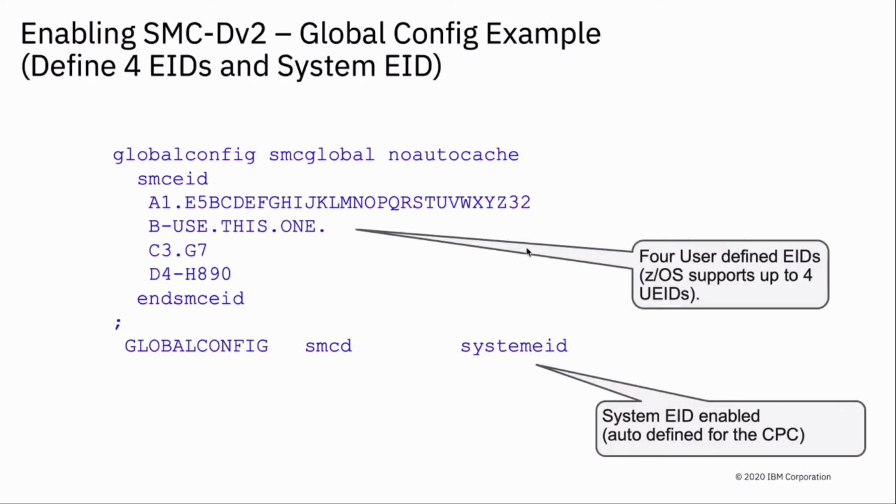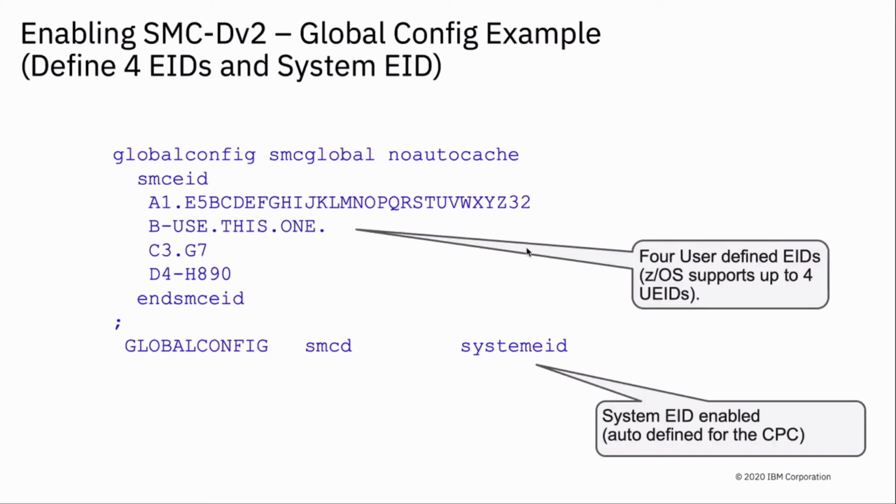So what I've done is put together the definitions that I had. You can code these same things in NCA, but I coded them in my profile. If you've already got SMC up, you have SMC global in your global config statement. And now we have this new SMC EID block that's in there. It starts with SMC EID and ends with END SMC EID.